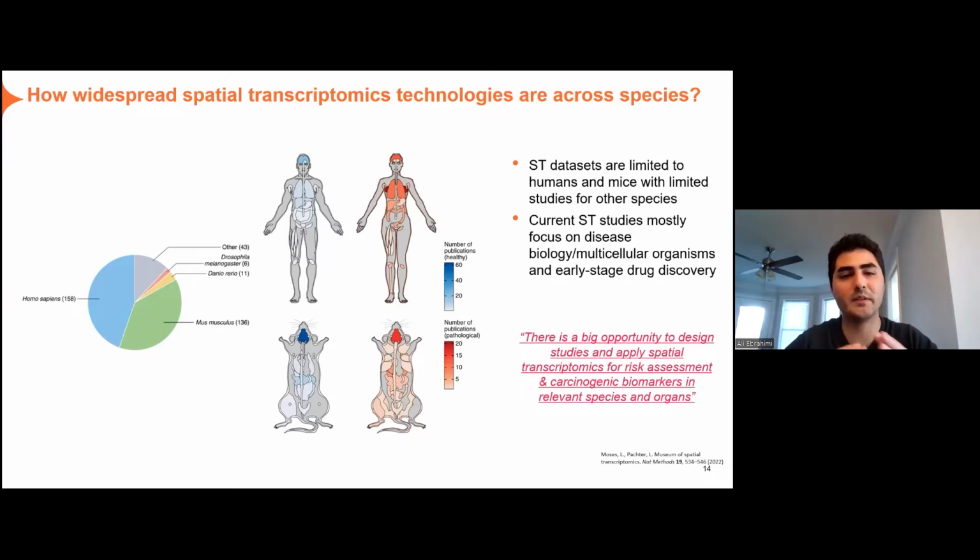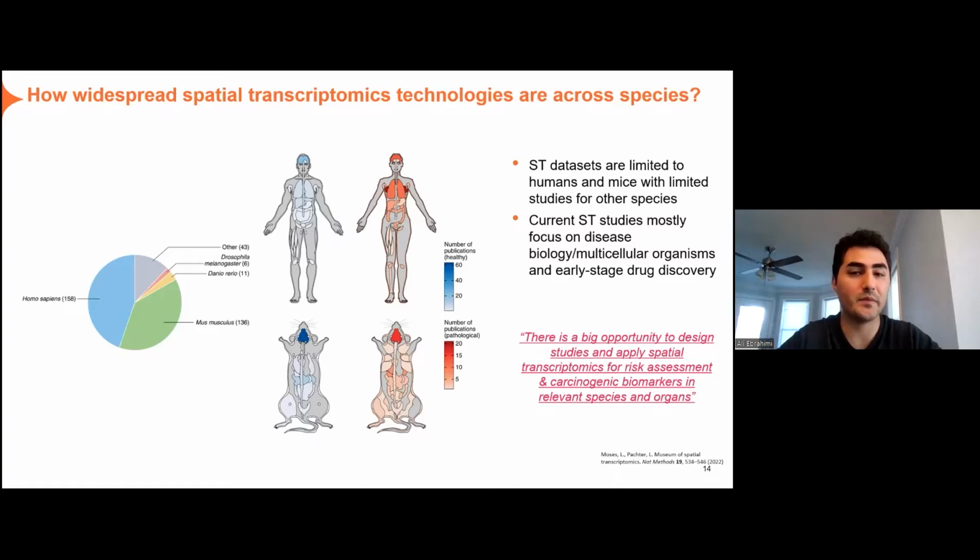Looking at this picture, I would say there is a big open space for almost every sort of study. Obviously, people first apply this method to early stage drug discovery and understanding disease biology, for good reason. That's where the new drugs will be discovered.